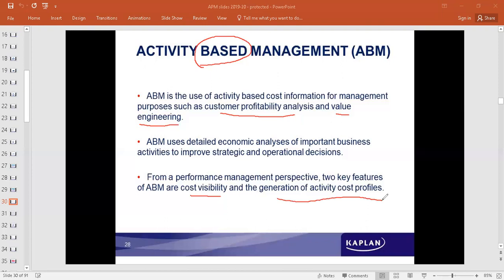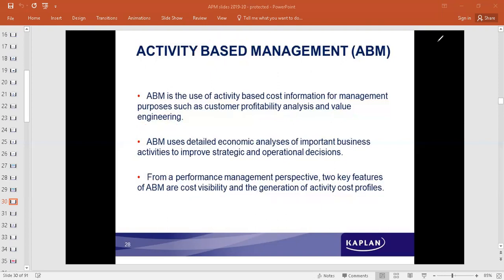So when the principles of activity based costing are used to understand the profitability situation, where they can add value to the end user in terms of providing the right selling price, and also not cutting down on the quality, the value is enhanced to the customers. Such kind of management is called activity based management.